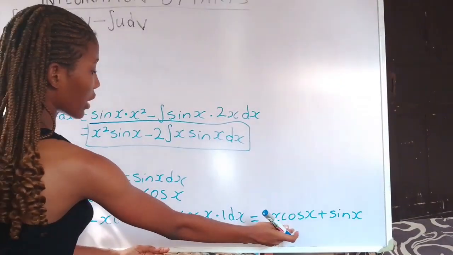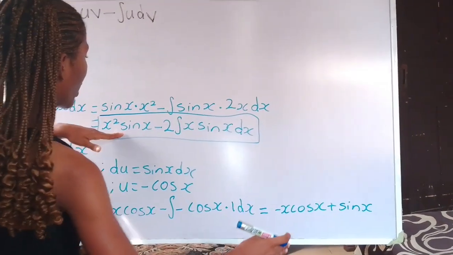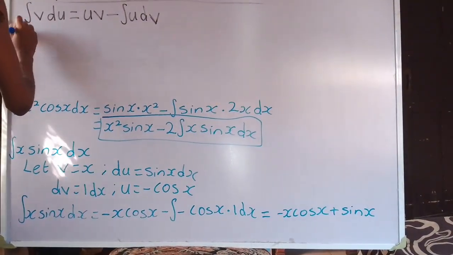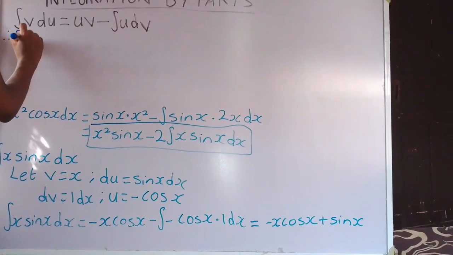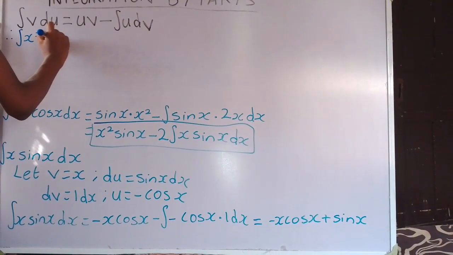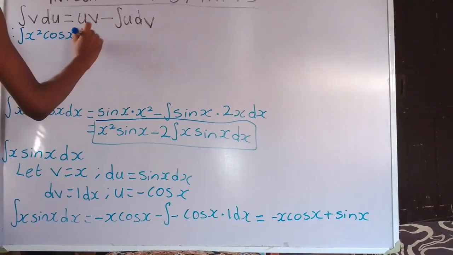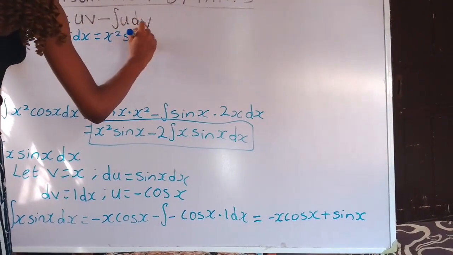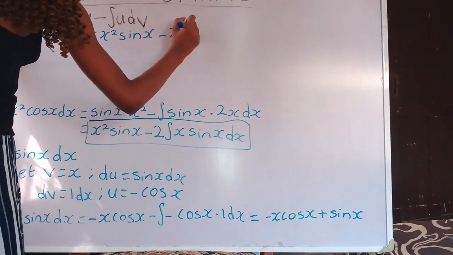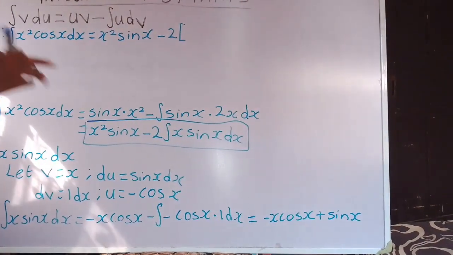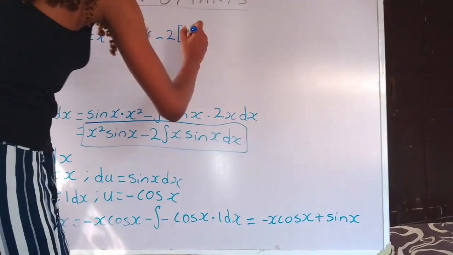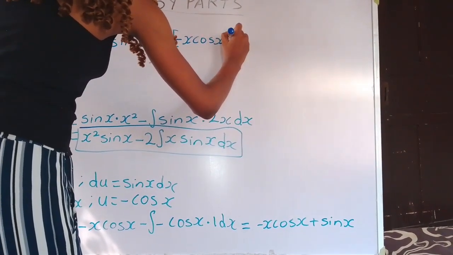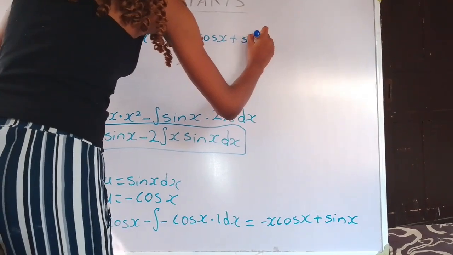Alright, so substituting this integral we've gotten into this place here, we'll have that therefore our integral of x squared cos x dx is equal to x squared sine x minus 2 into our integral, which we've gotten here as minus x cos x plus sine x.